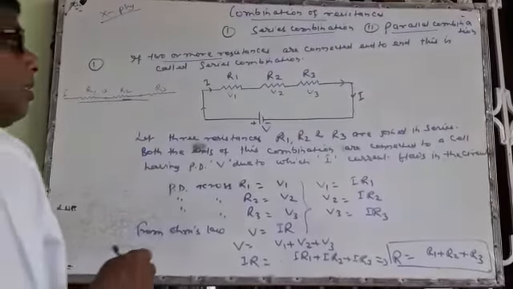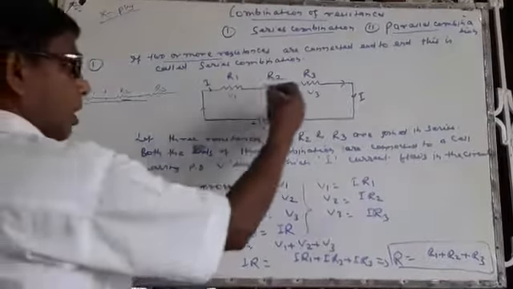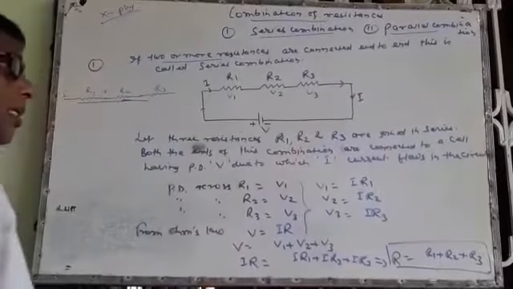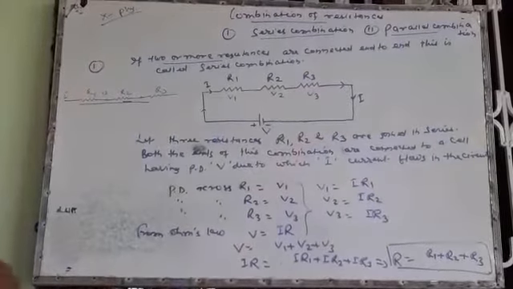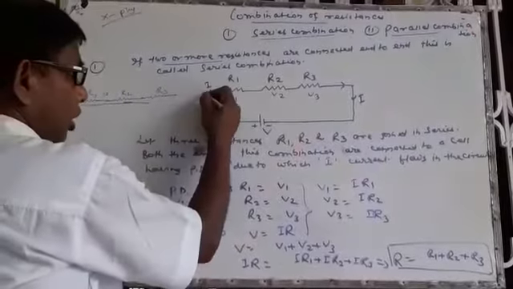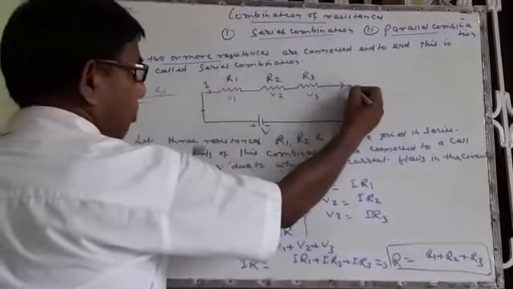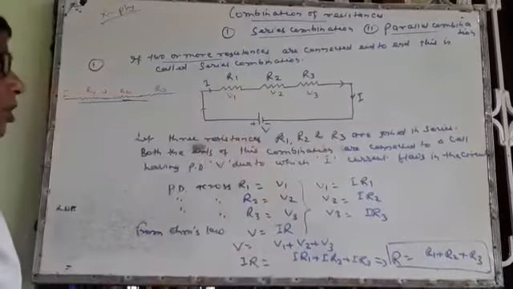Suppose that 3 resistances R1, R2 and R3 are joined in series, end to end. These are the two end points of the combination.